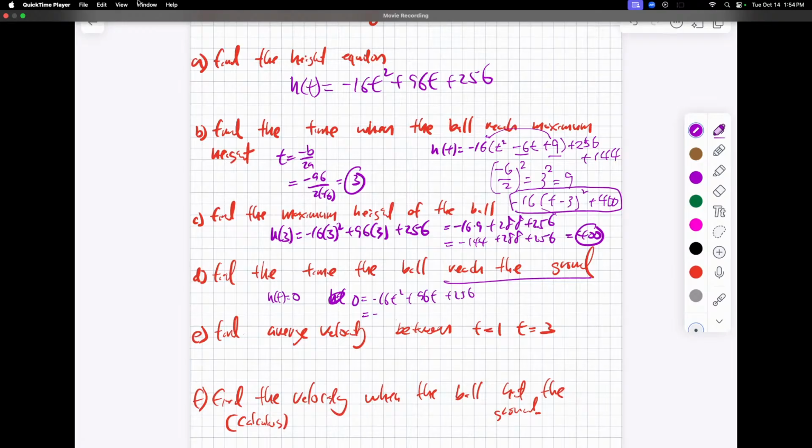You can factor out the GCF, which is t squared minus 6t minus 16. And that's equal to negative 16 times (t minus 8) and (t plus 2). So t equals 8. So it takes 8 seconds to fall to the ground.